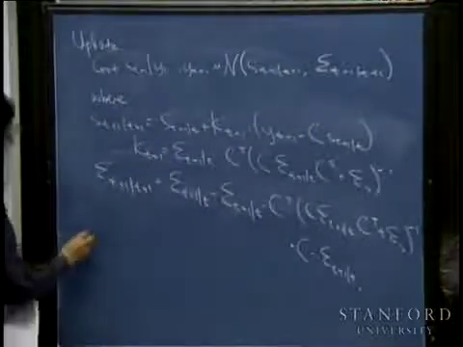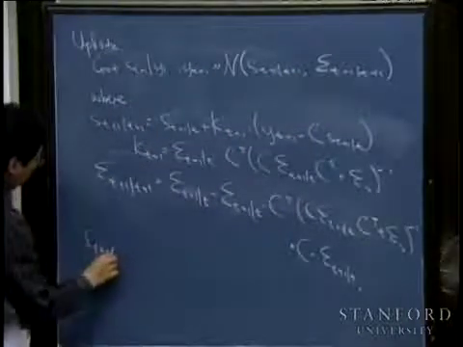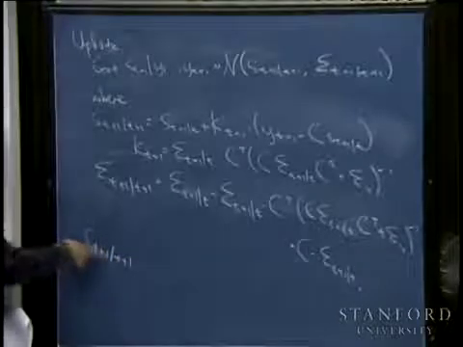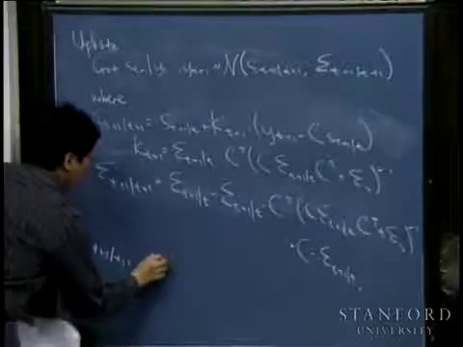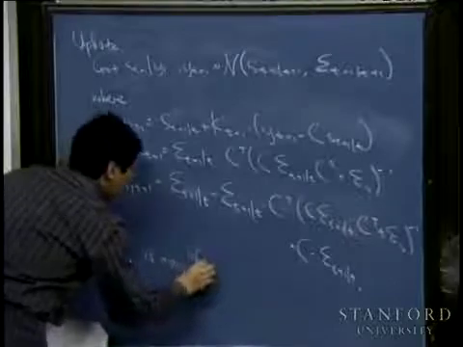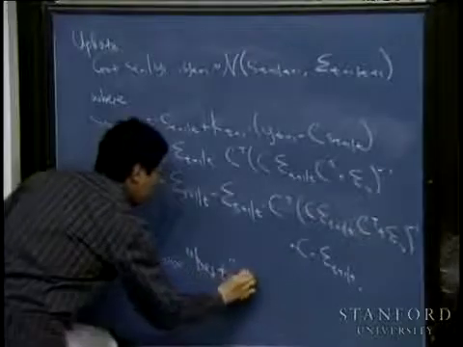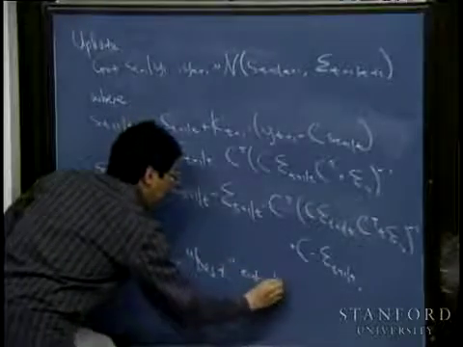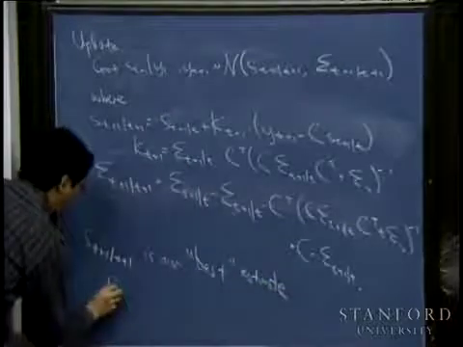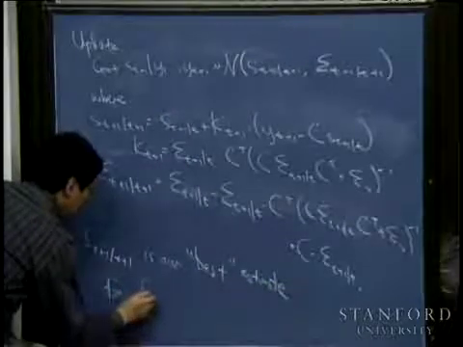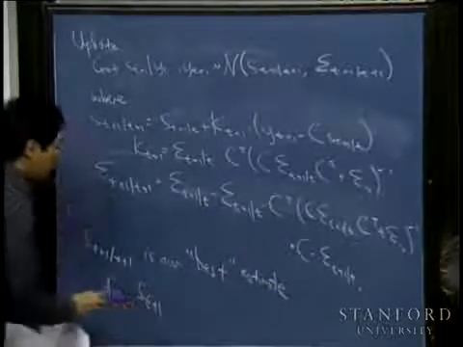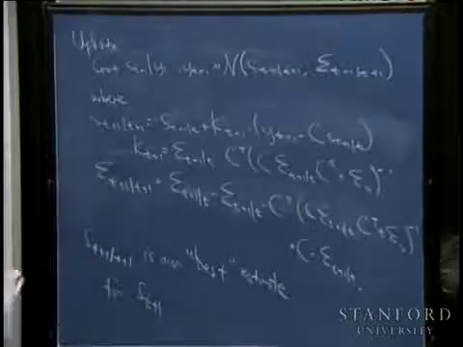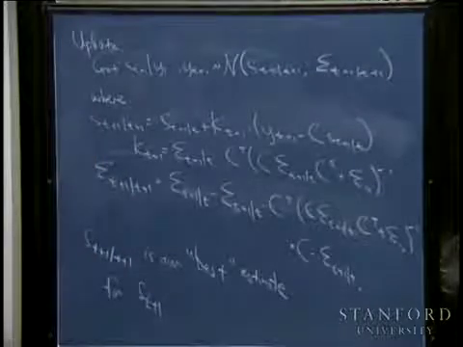And so informally, this thing, st plus 1 given t plus 1, is our best estimate for st plus 1, given all the observations we've had up to that time.